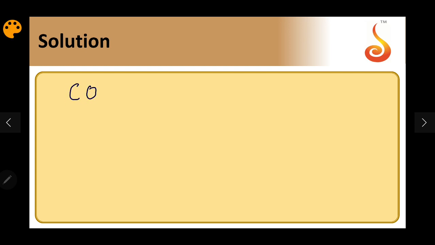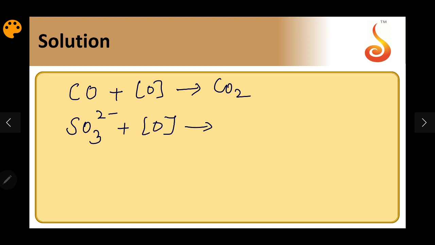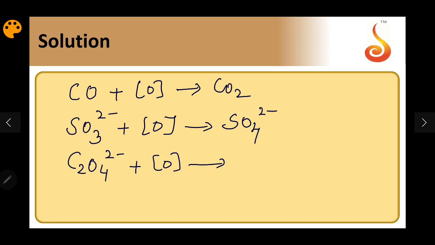CO plus nascent oxygen can become CO2. The other two options, SO3 2 minus plus nascent oxygen can become SO4 2 minus. And oxalate ion, all of us know oxalate ion on oxidation can become carbon dioxide.